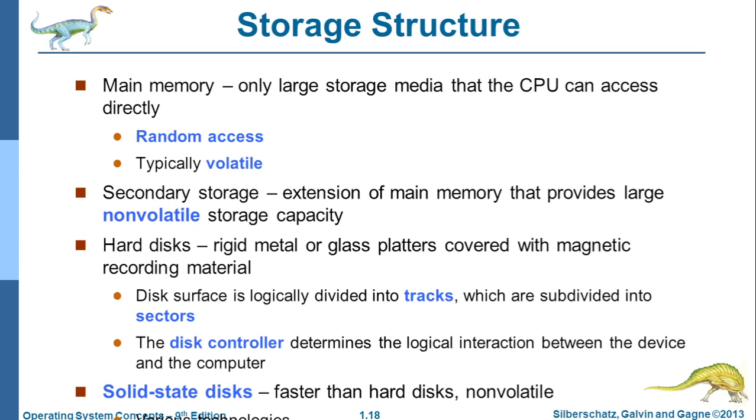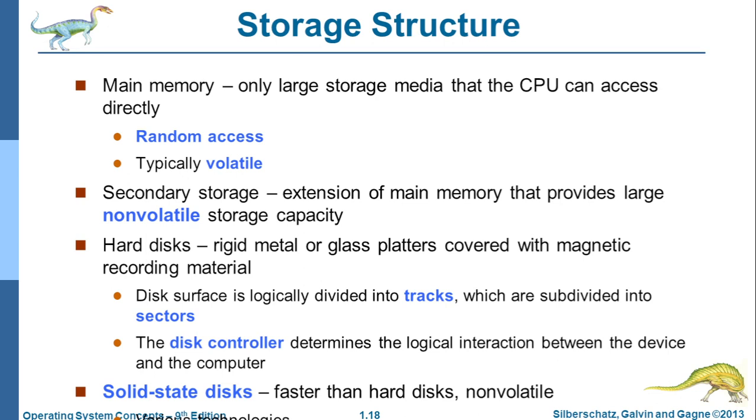Storage structure. There are many types of storage. We mainly classify it in two ways. One is main memory, another is secondary memory. Main memory means RAM. You can say RAM is main memory, right? It is much nearer to CPU than secondary storage.